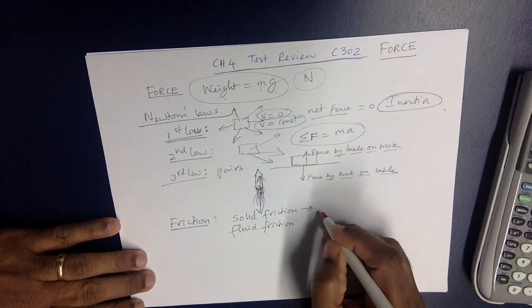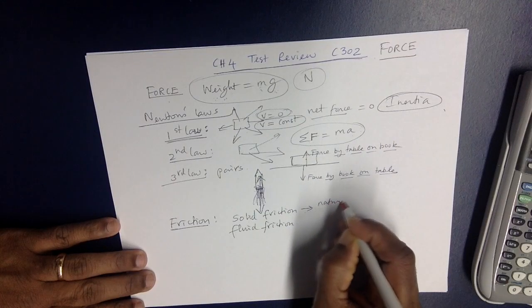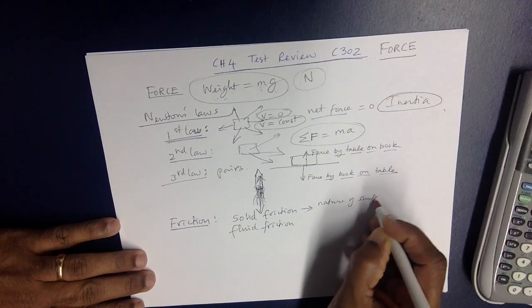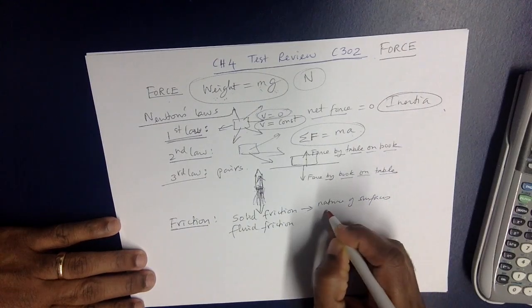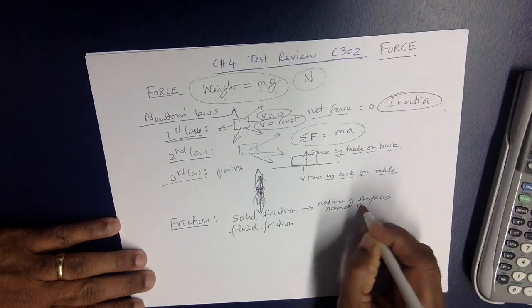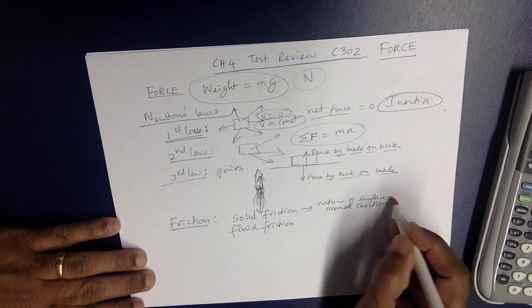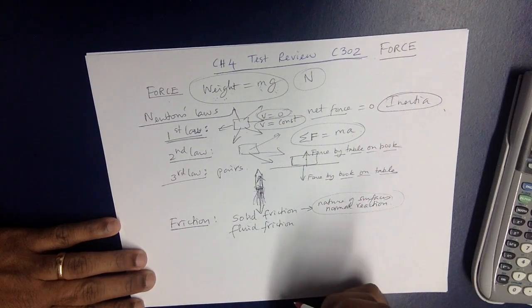Solid friction depends on the nature of surfaces and the normal reaction from the surface. So these are the two factors solid friction depends on.